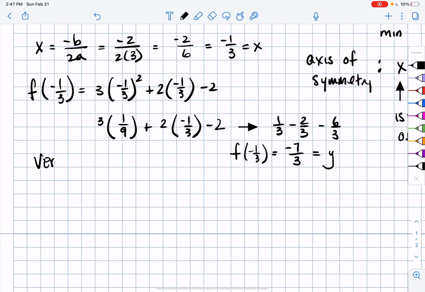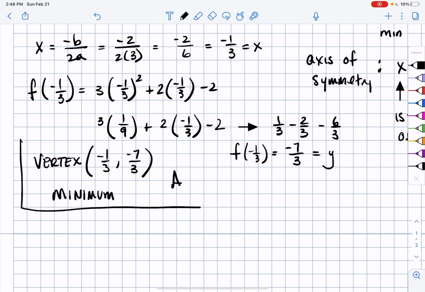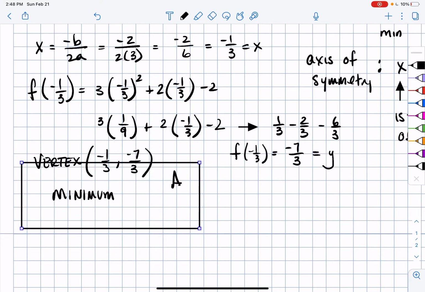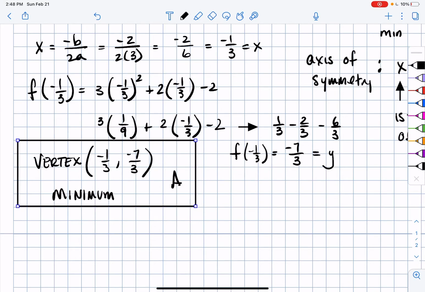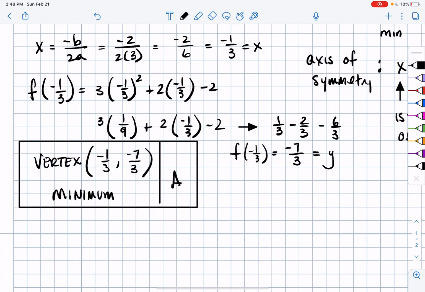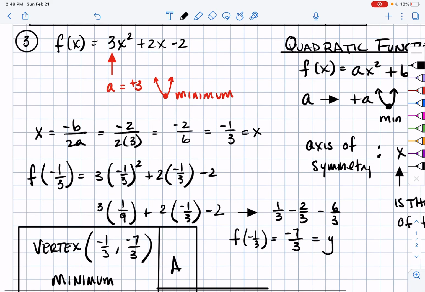So my vertex is going to be negative 1/3, comma, negative 7/3, and it's going to be a minimum, which is choice A. I was looking at my spelling for minimum and it kind of threw me off. There you go. All right, so that's number 3.